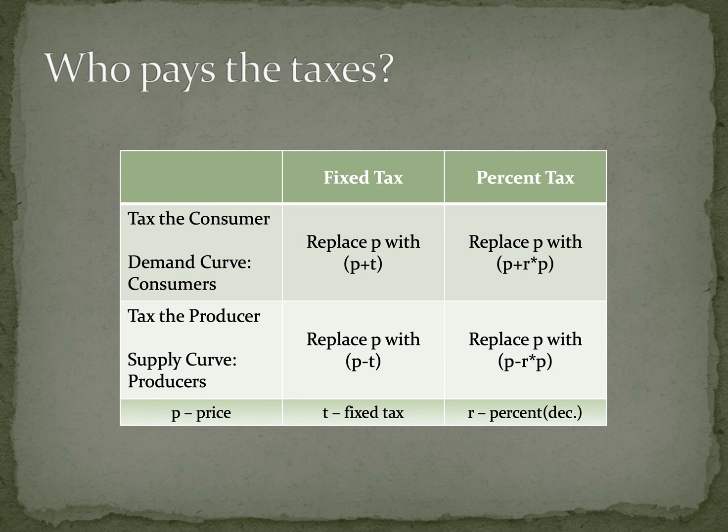The producer, or in this case the gas station who's selling the product, will receive the price from you and then subtract from that price the taxes that will get passed to the government. So if it's a tax on the producer, only the supply curve needs to be altered, and we'll alter it by replacing the P in the supply curve with the price minus the tax.